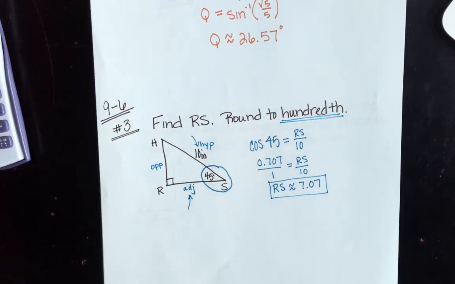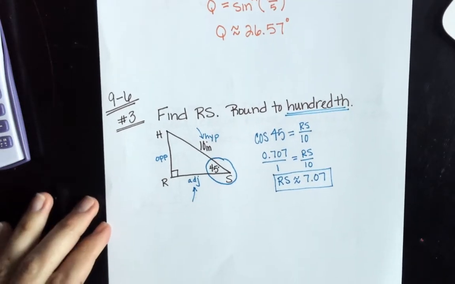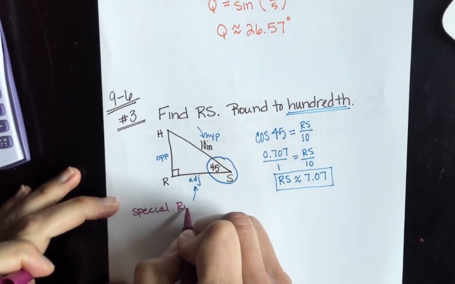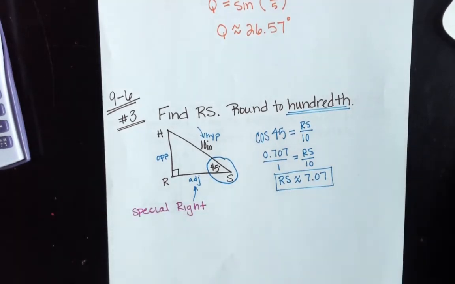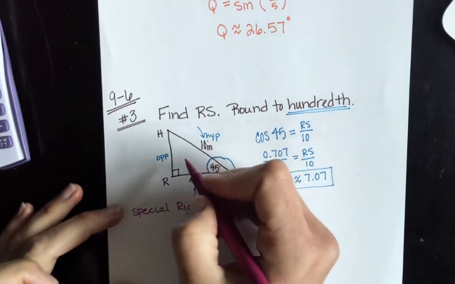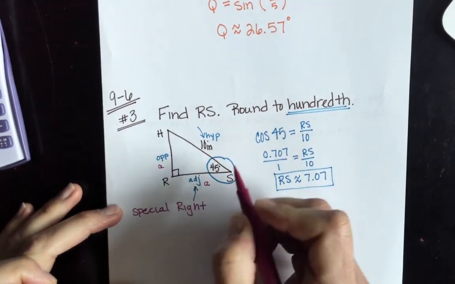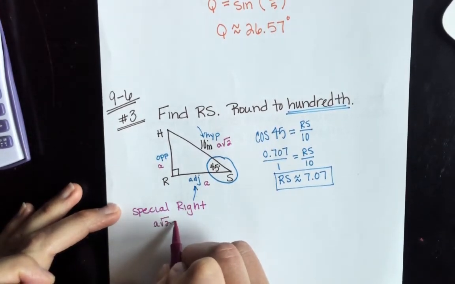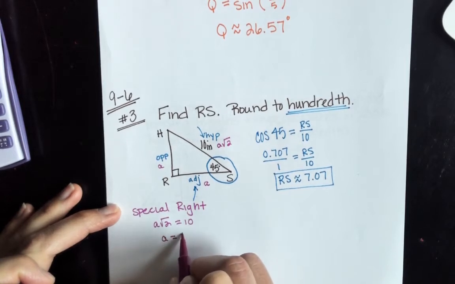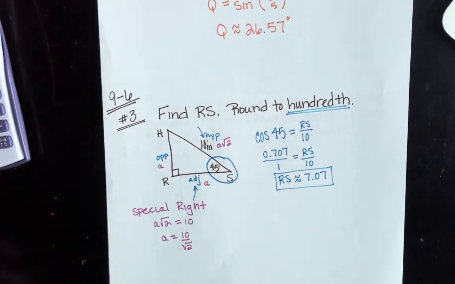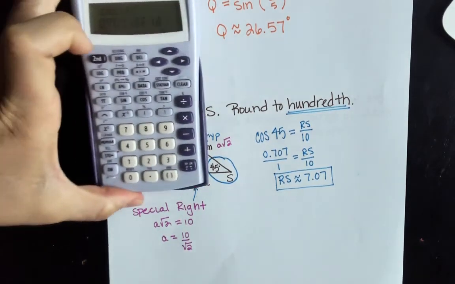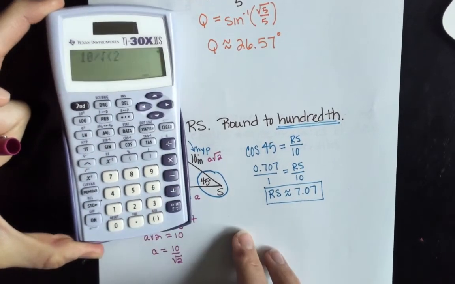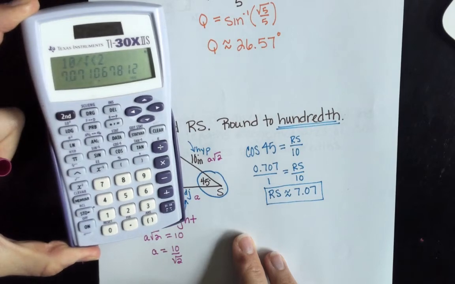Or if you recognized that this is a special right, A, and A radical 2, you could go through the steps just like we did before, divide both sides by radical 2, and because it says give the decimal, 10 divided by radical 2 will give you the exact answer that we already knew.